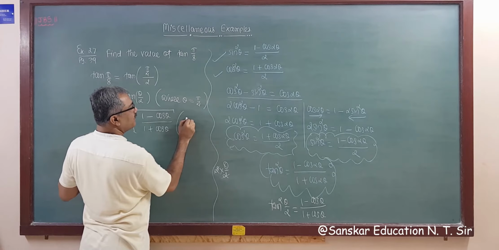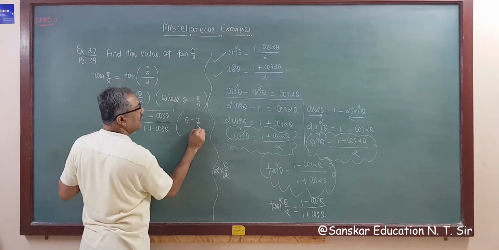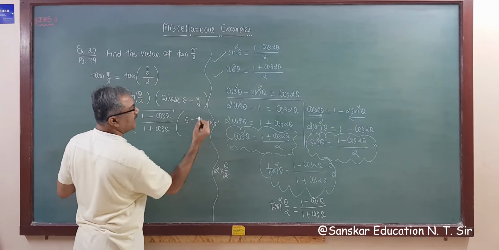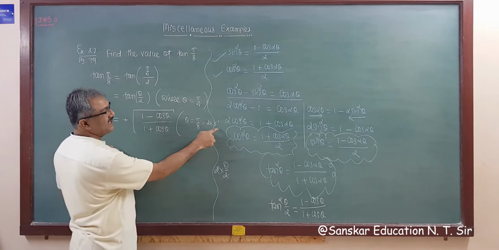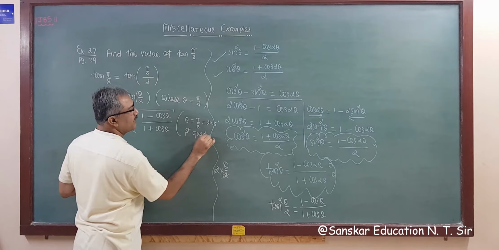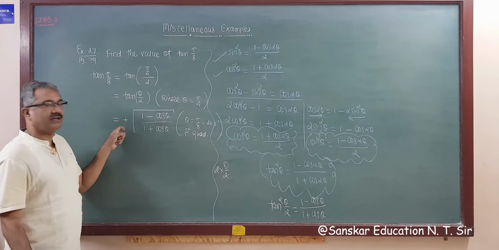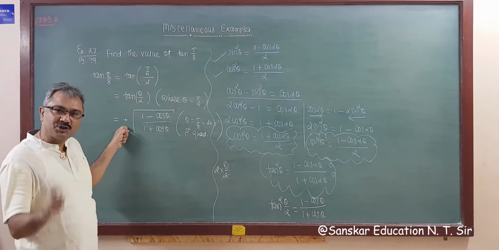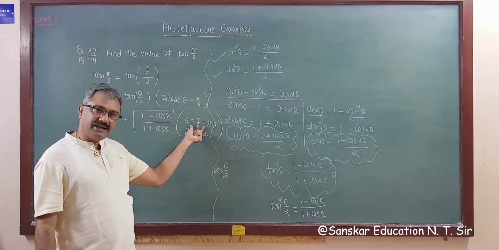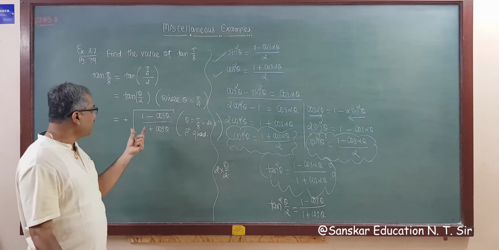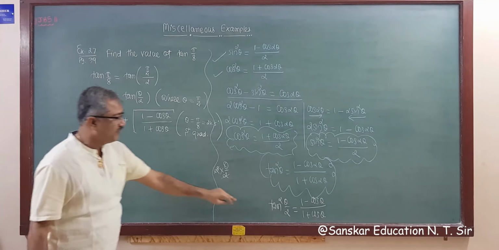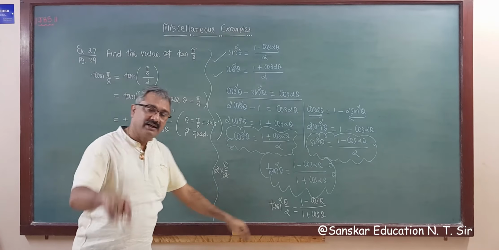Because theta by 2, which is pi by 8, is 22.5 degrees, which lies in the first quadrant. So I am taking the positive square root instead of plus or minus. Got it? I am taking the plus square root because we have only tan and the formula is for tan square, right?